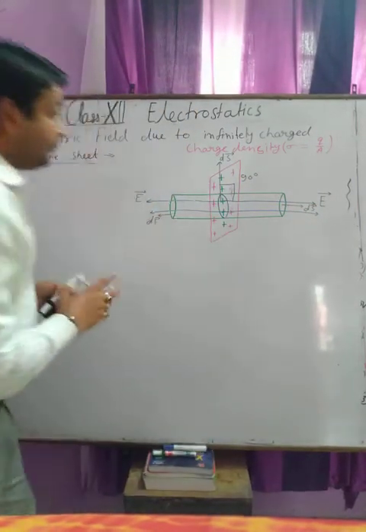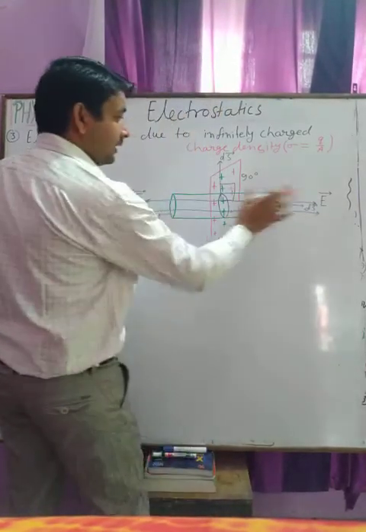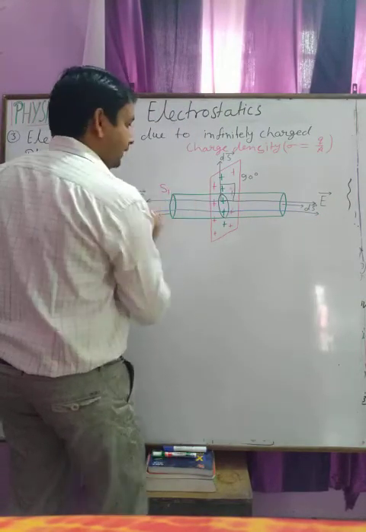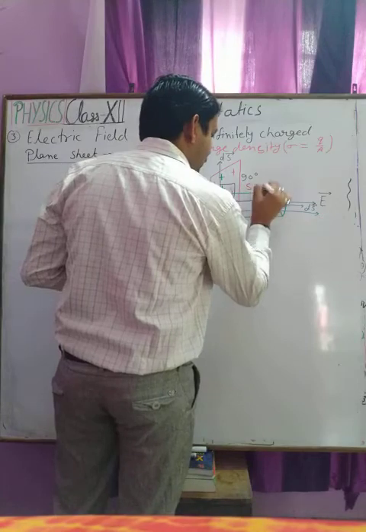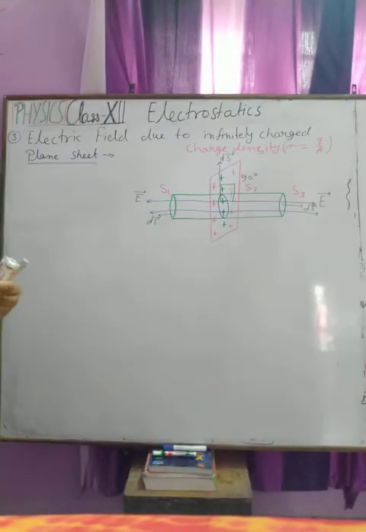We specify the angle for each surface: this is surface S1, this is surface S2, and this is surface S3. Is it clear, students?